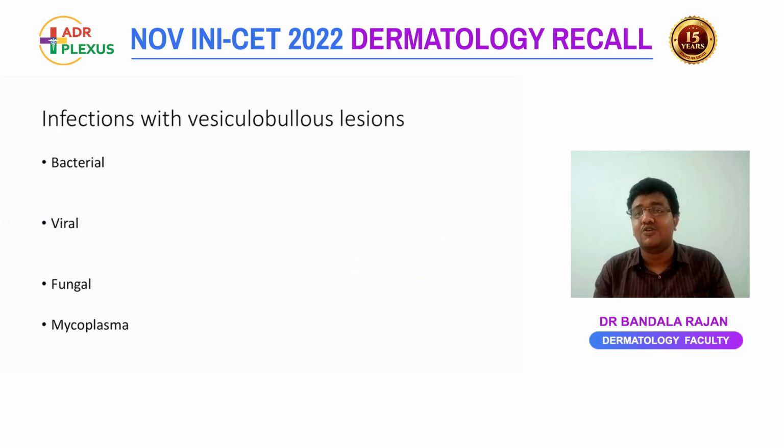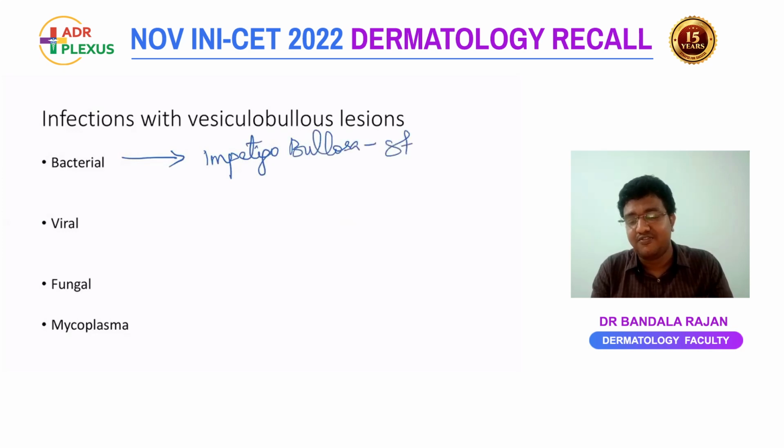Now we need to know something about the infections which may present with vesicular bullous lesions. For bacterial, it is mainly impetigo bullosa, which is caused by staph.